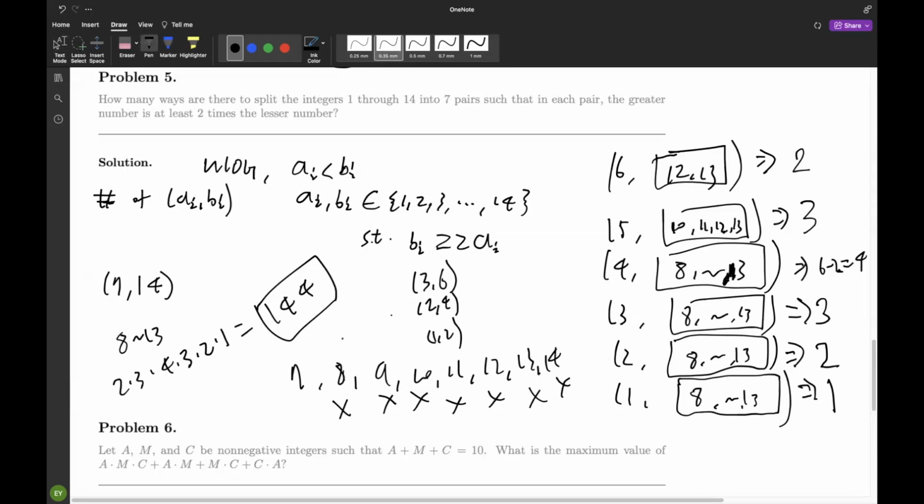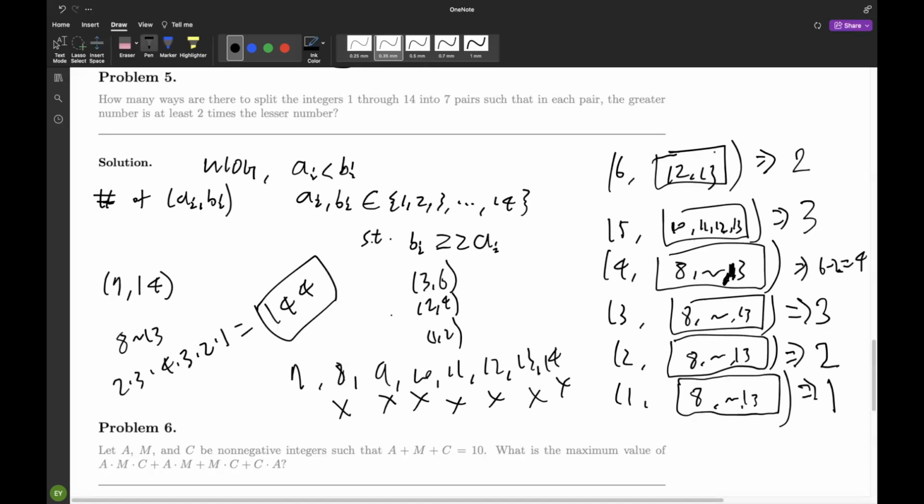So that's why the later seven numbers must be B sub i, and the first seven numbers must be A sub i. Then let's list all the possible cases 1, 2, 3, 4, 5, and 6. But it's actually easier to count backwards than to count from here because we don't know what we'll choose. We might choose 12 or 13 here, but we might not choose them. So that's why I started counting backwards, because that's an easier way to count.